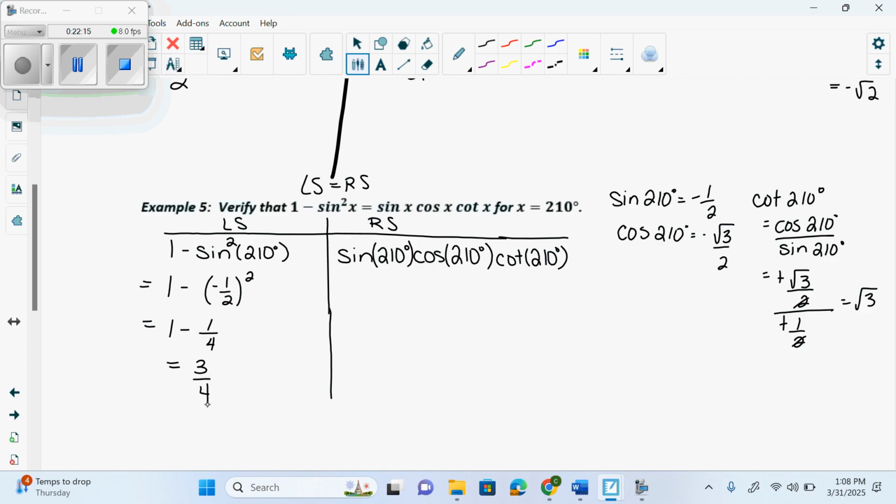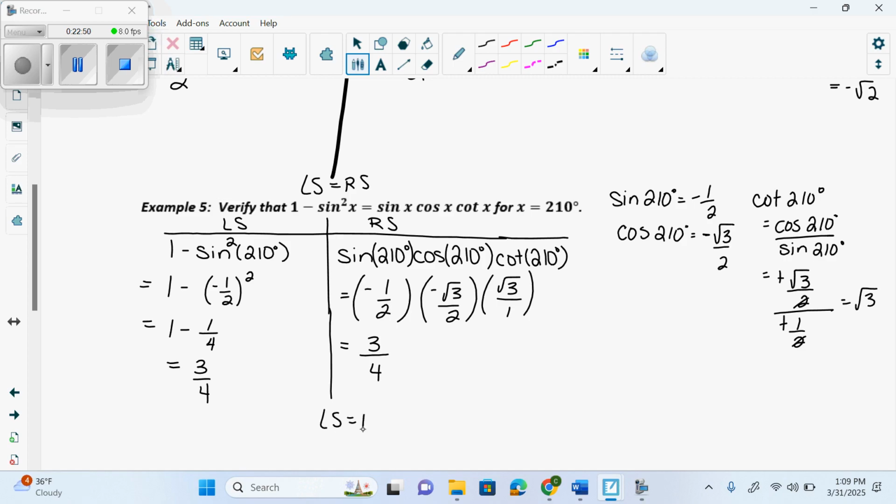Then sine of 210, negative root 3 over 2, times negative 1/2, times negative root 3 over 2, times root 3 over 1. I always put it over 1 when it's fractions like this because you don't know whether you should distribute the root 3 to the top or the bottom. It stays on the top. So negative 1 times negative is positive. Root 3 times root 3 is 3, over 2 times 2 is 4. LS equals RS.